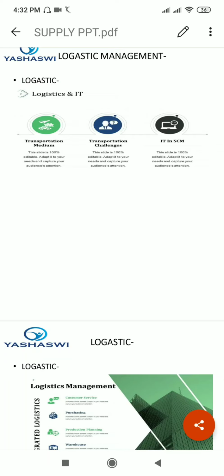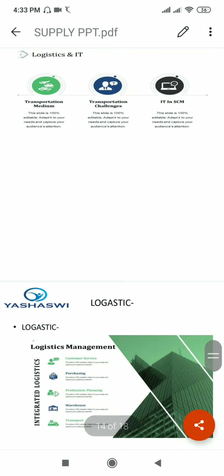Transportation medium means which types of transportation mediums are available in the market, and which is the easiest way to transport our components at minimum price, like railway logistics under railway transportation, trucks, travels, cars, or some loading trucks. Now the transportation challenges: which types of challenges come under transportation, and what is the use of IT in supply chain management.